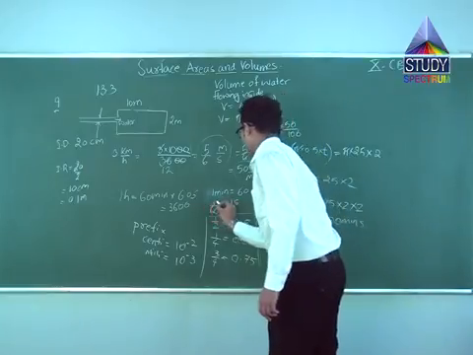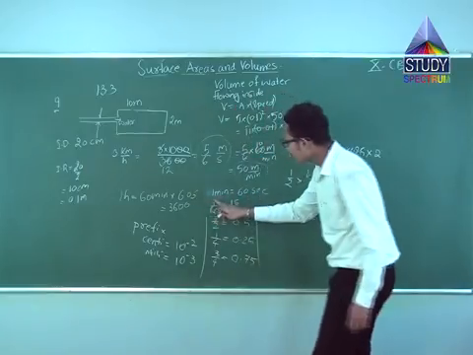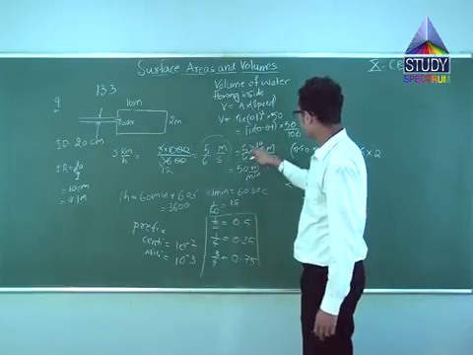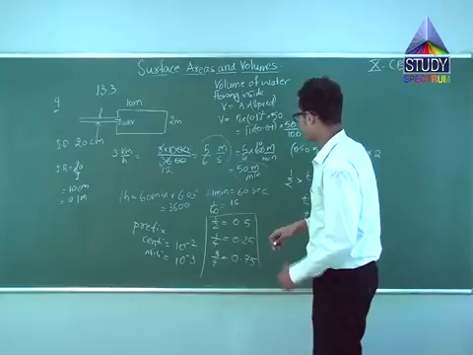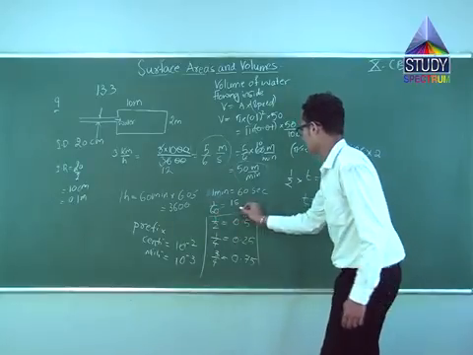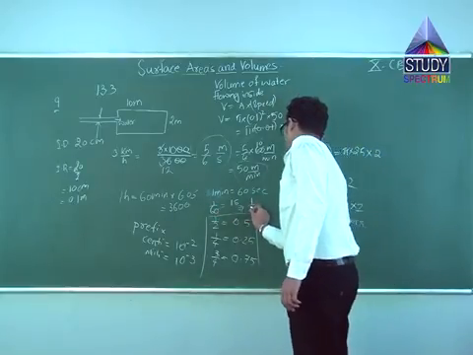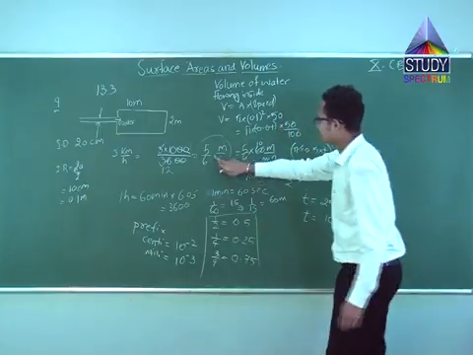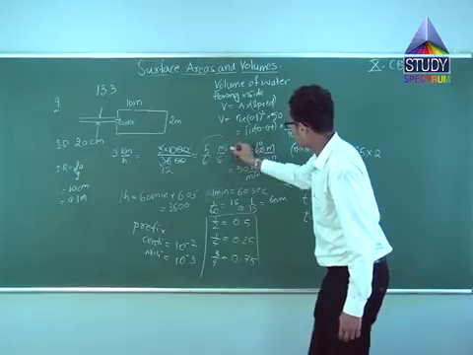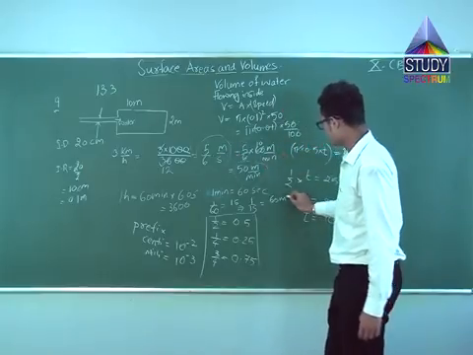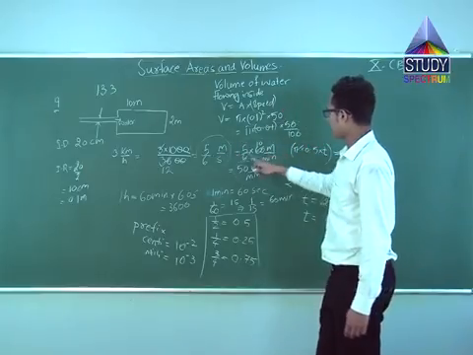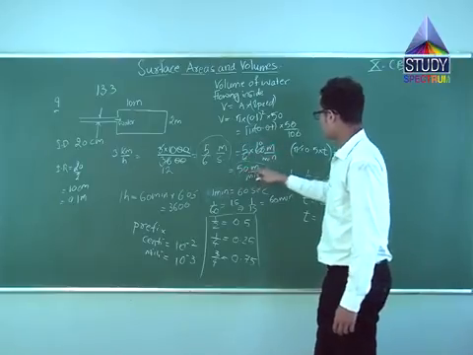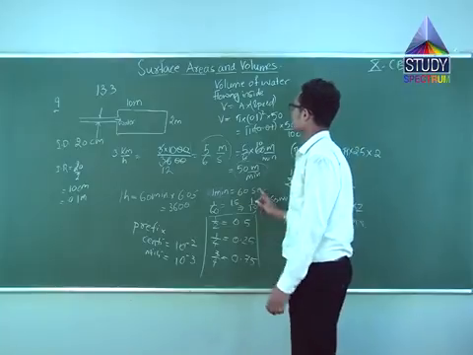So 1 by 60th minute is 1 second. Therefore multiply this by 60. I hope you understood. You had 60 seconds in the denominator; I have replaced 1 by s with 60 per minute. And then you have 6 into 60, and you have 5 into 10, 50 meters per minute.